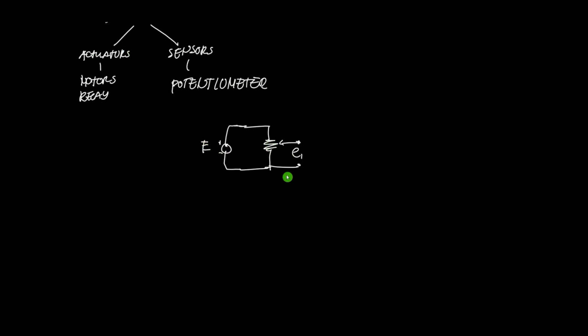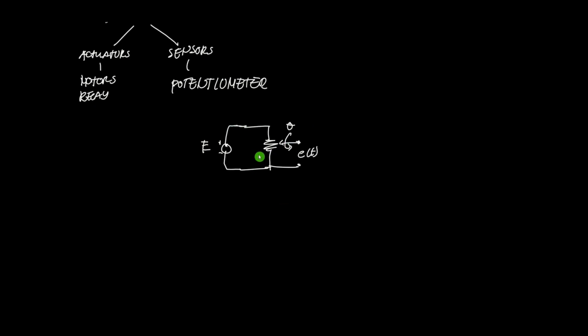What we vary here is the rotation, or the angular displacement. So there's an angular displacement theta, and it will result in a certain voltage e of t. This change depends on the position of the rotation of the potentiometer, and this is what they use in measuring the angular displacement. So they use a potentiometer to do that.